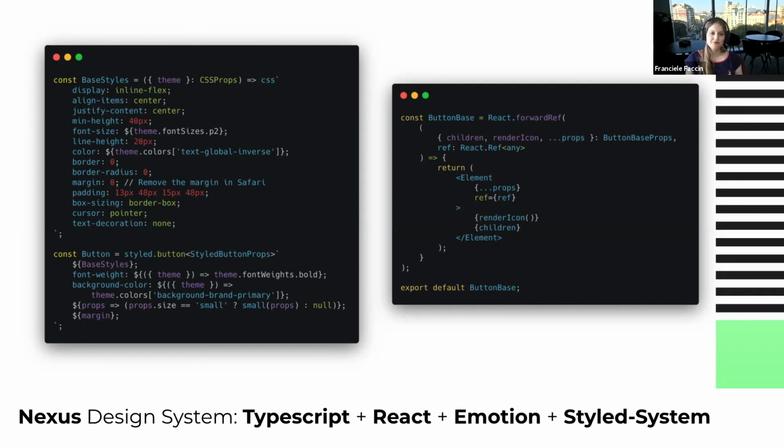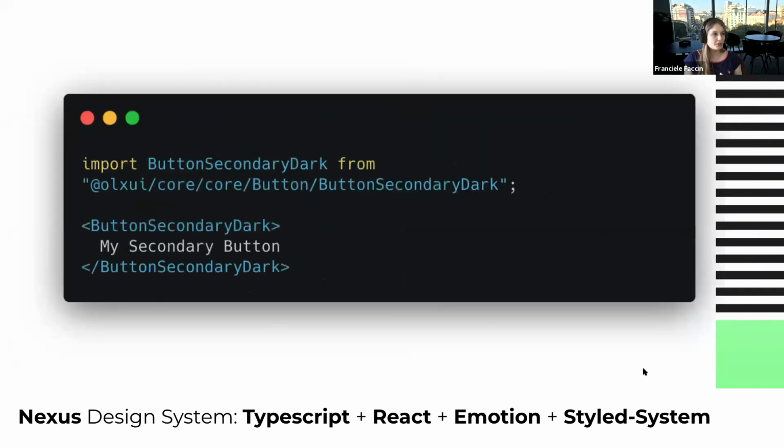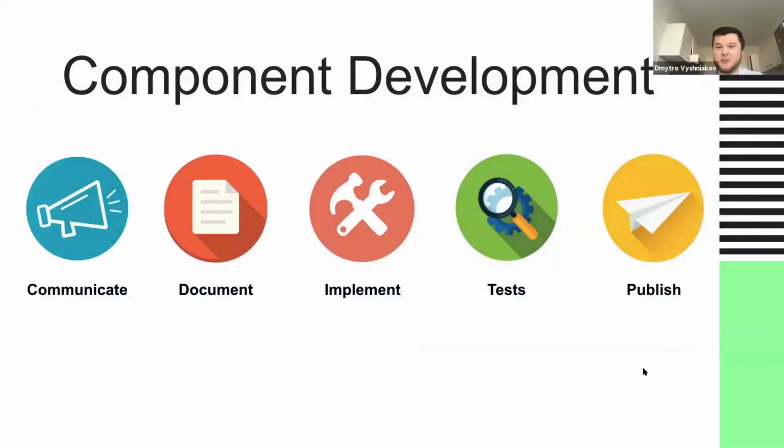Thanks. And one more extra question. What kind of tool chain are you using to build the actual project? Is it React scripts or something else? To bundle, we are using Rollup. Yes, we are using Rollup to bundle the library.